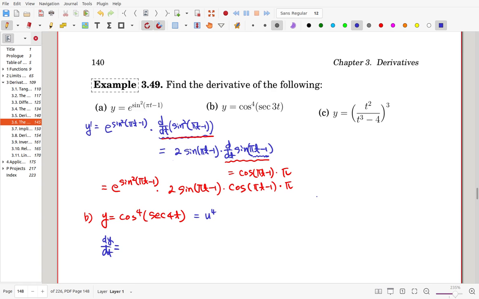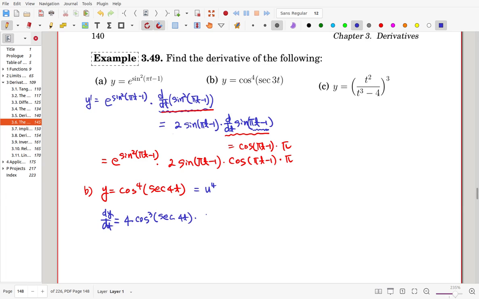So that is the same as 4 times the variable to the third power, which is cosine cubed of sec 4t. And then we have to put here the t derivative of the variable.